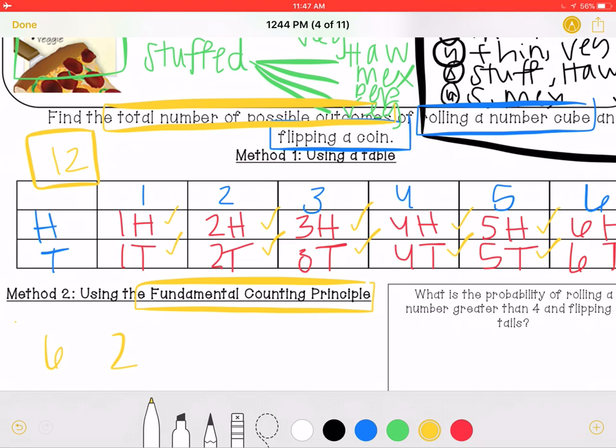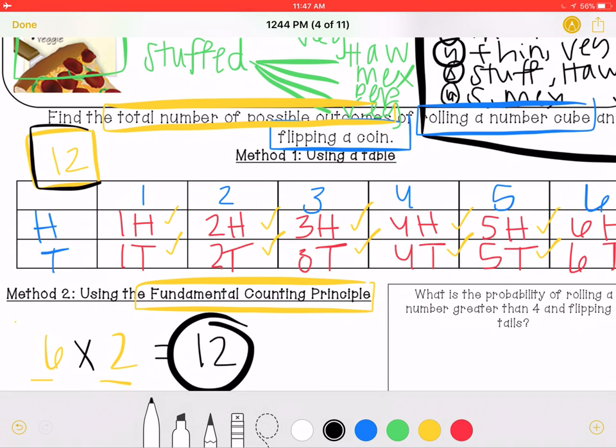The fundamental counting principle says to state how many outcomes of each there are, which we did, and then multiply them together. What is 6 times 2? 12. So how many total number of outcomes are there for these 2 events happening? 12 ways, which didn't we just say that when we showed it through the table? So either method works, using a table or using the fundamental counting principle.